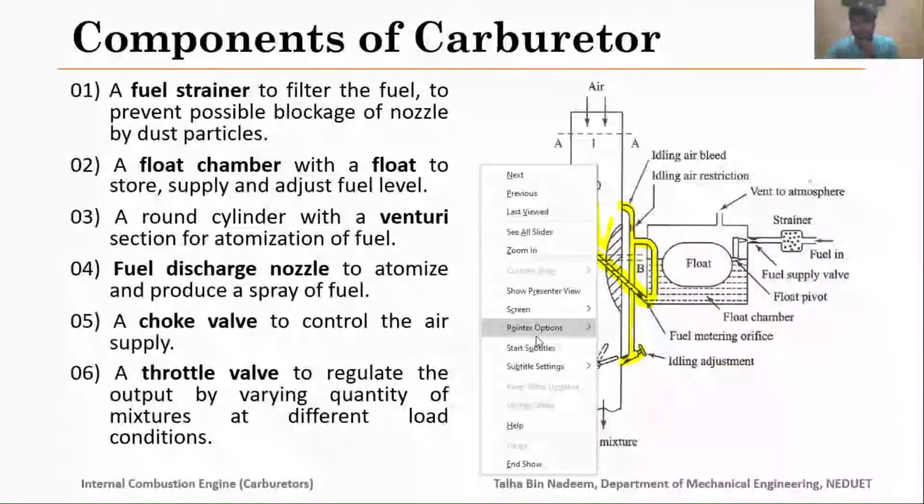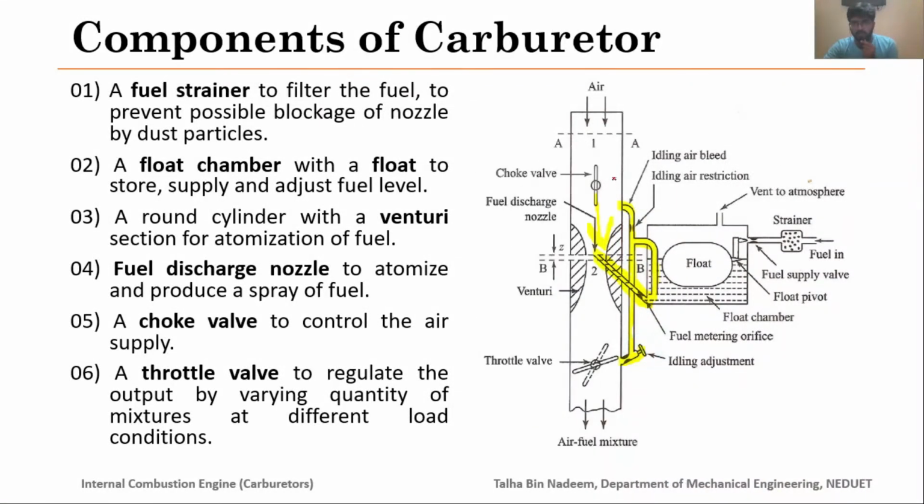Now what will happen here is that some portion of the air will move into these idling air bleeds, and as it passes through the idling air restriction, and since the pressure at the throttle valve is quite low, because not much air is coming from the venturi section, it will allow the fuel to flow from the float chamber through this idling passage.